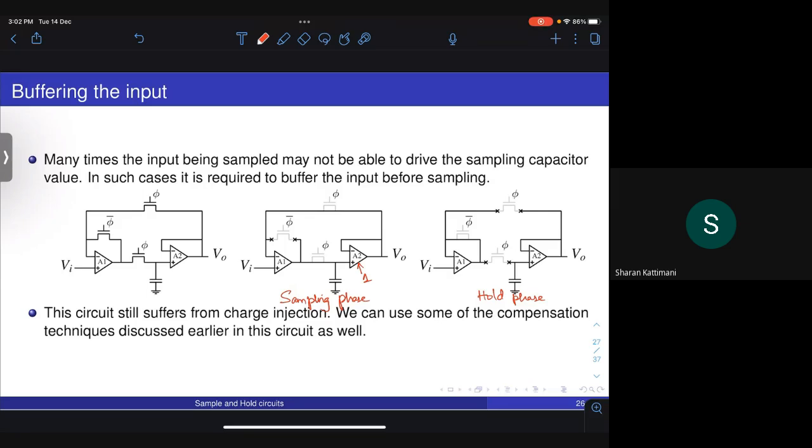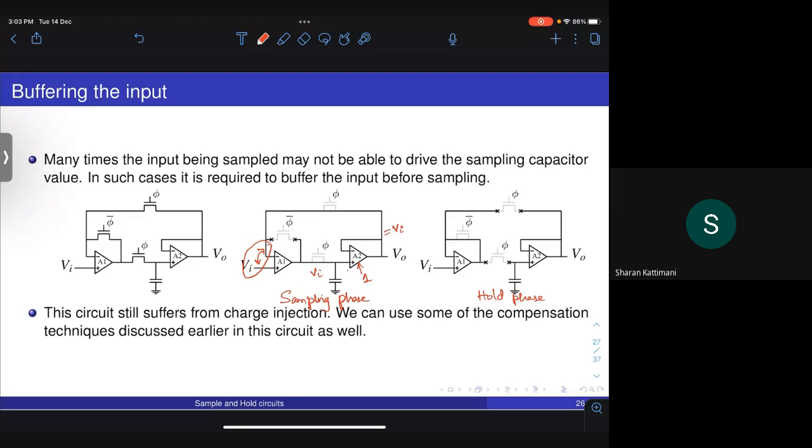Essentially what this negative feedback will do is try to minimize the error between the two terminals of the input on this side. So this V0 will be driven to Vi by the negative feedback loop, and since this has a gain of 1, this also naturally has to be driven to Vi.